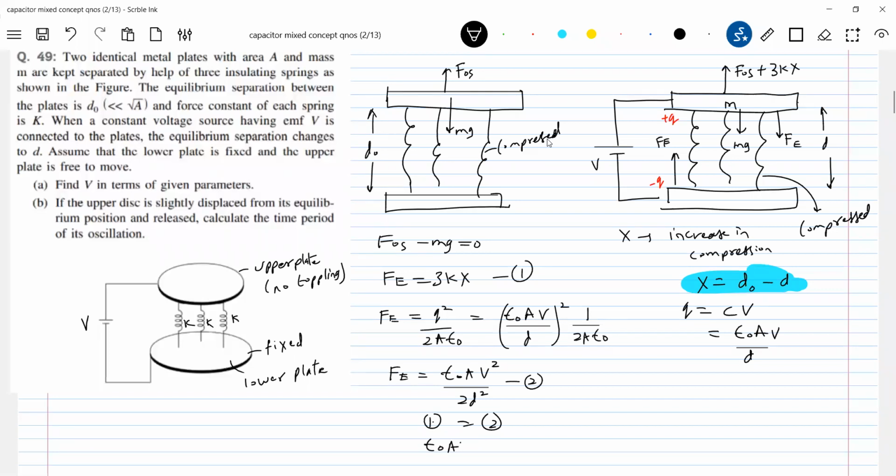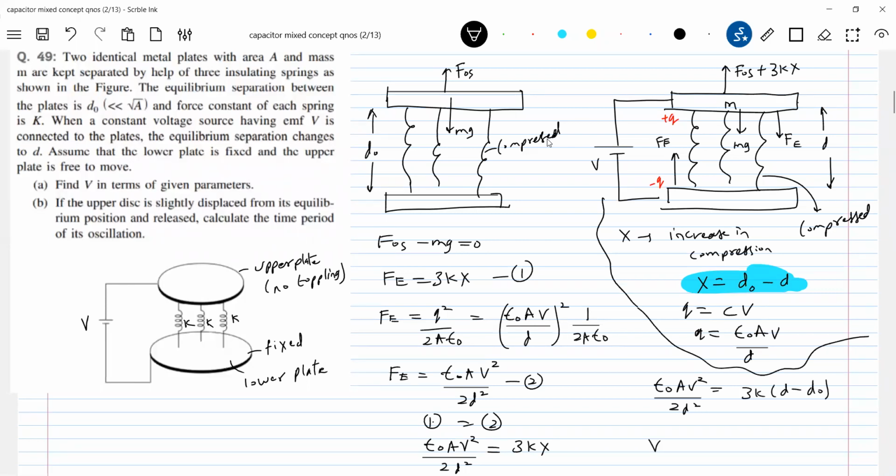Epsilon naught A V square by 2d square should be equal to 3kx. So what is x? X equal to d minus d naught, so 3k(d minus d naught). Solving for this, we'll get the expression for V as the square root of 6k(d naught minus d) d square by epsilon naught A in the denominator. Okay, this is one answer, part A of the problem.